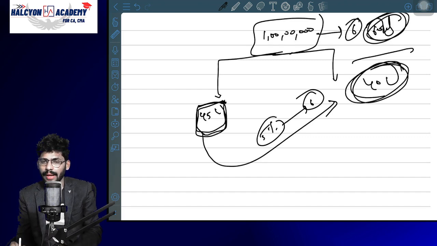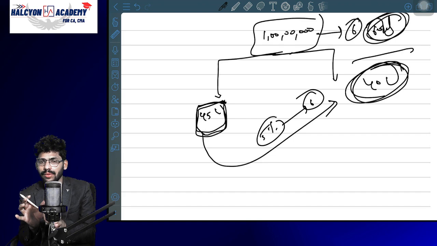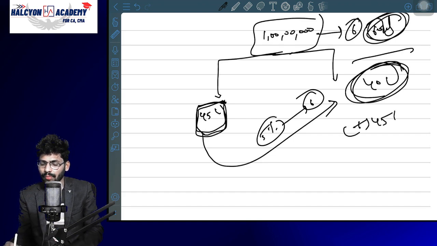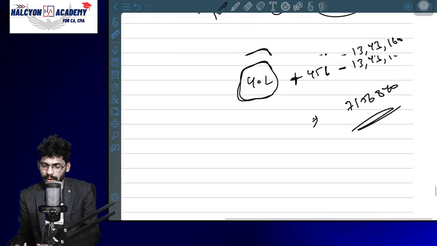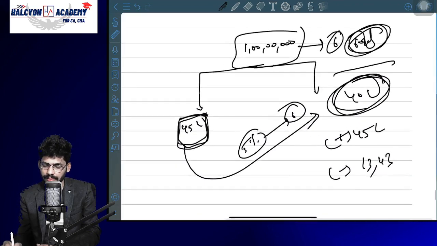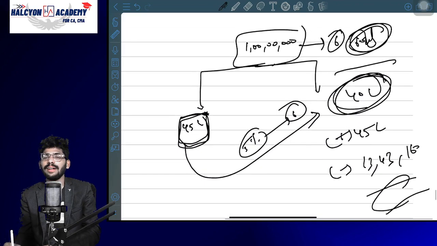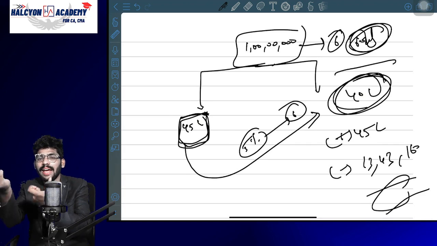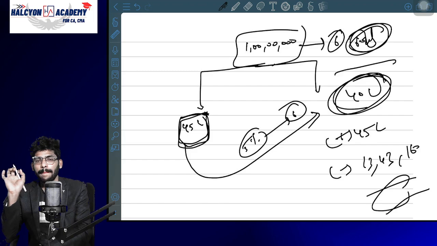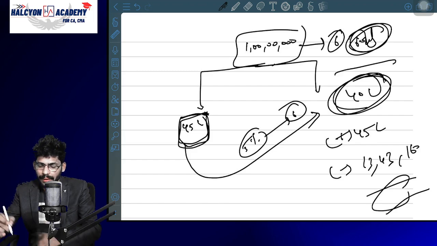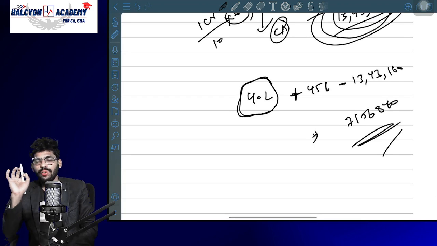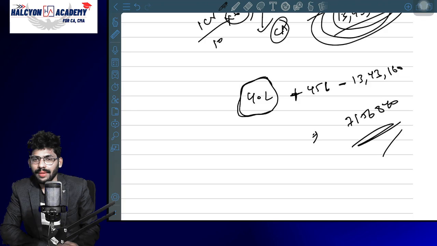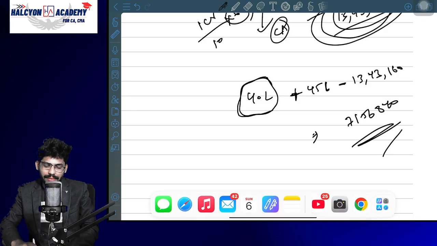As of now 40 lakhs value is there, plus the new part of PP 45 lakhs, minus the carrying amount of the old PP, 13 lakhs 43,160. Then you will get the revised carrying amount of the PP. As of now, the carrying amount of the PP is 71 lakh 56,840. That's it. Clear? It's very simple, guys.